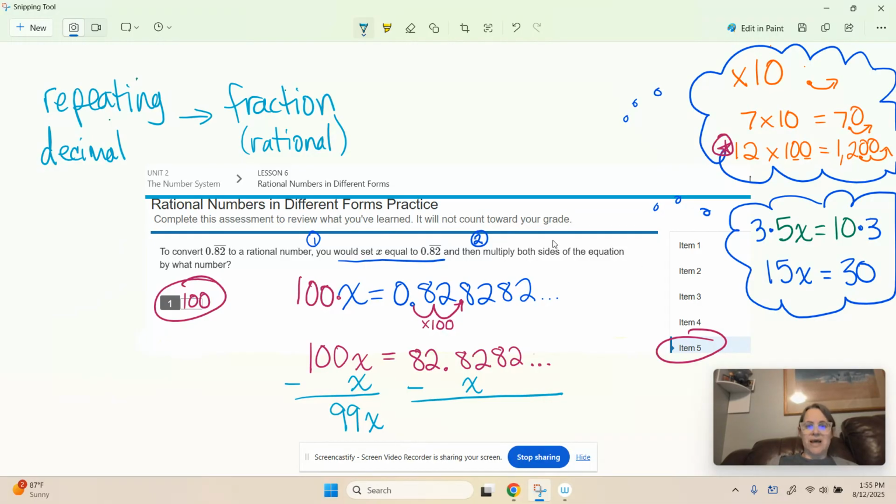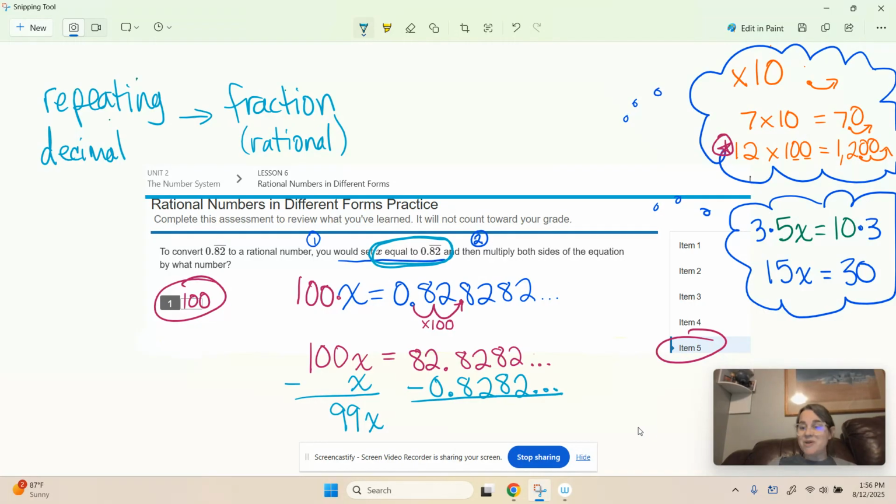This is the crucial step. We set up here that we were going to define x as being equal to 0.82 repeating. So instead of writing an x here, I'm going to write what x equals, 0.8282 repeating.